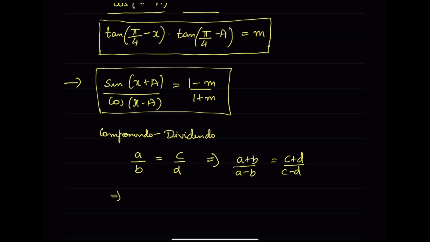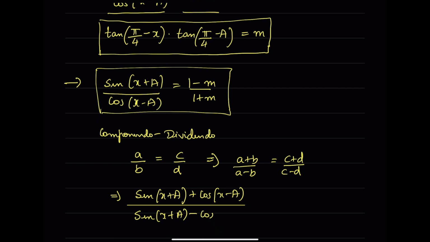So let's apply that here. Our equation would change to sine of x plus a plus cos of x minus a, divided by sine of x plus a minus cos of x minus a, which is equal to 1 minus m plus 1 plus m divided by 1 minus m minus 1 plus m.